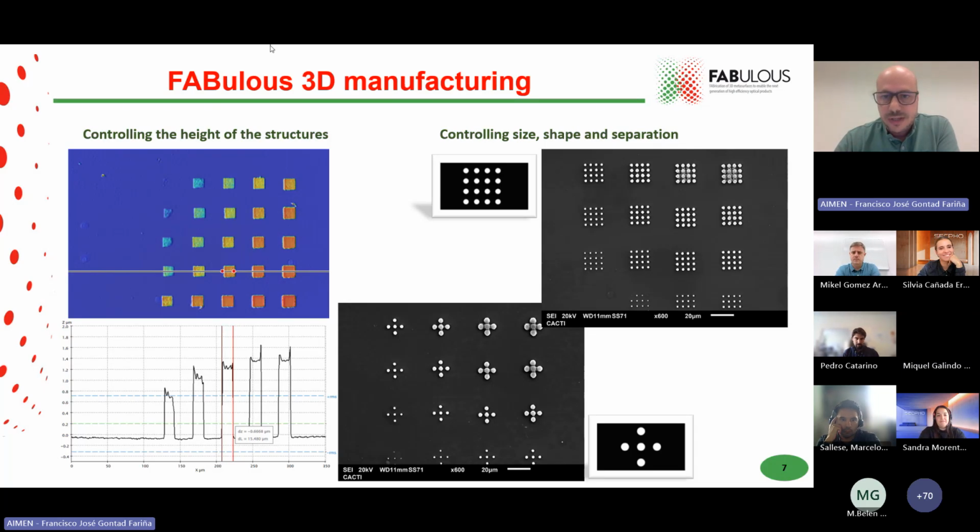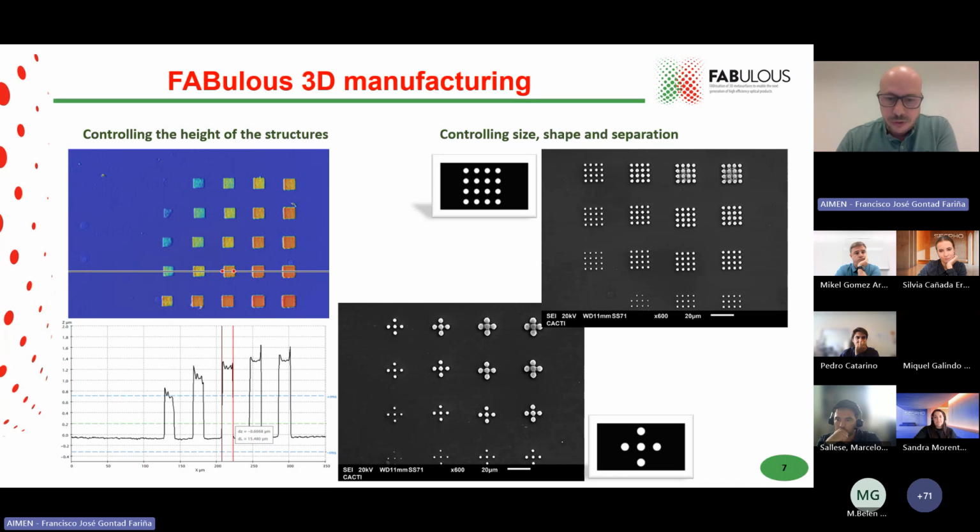Like, for example, in these scanning electron microscope images, here we are projecting 16 spots all at the same time. And by changing the processing parameters, we can observe how we can produce these small cylinders with different diameters.